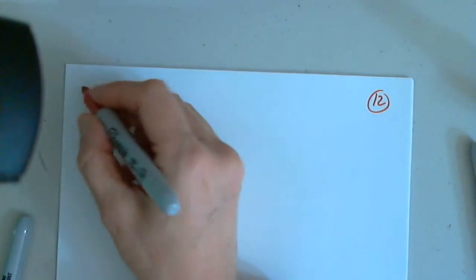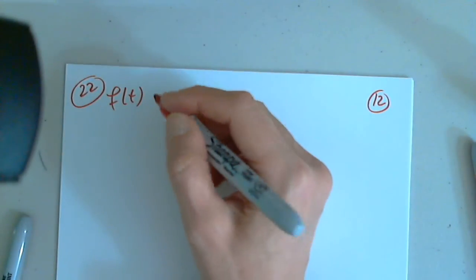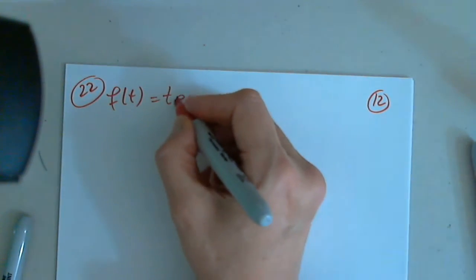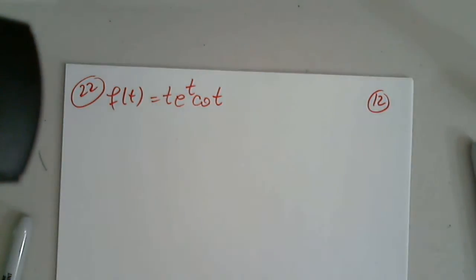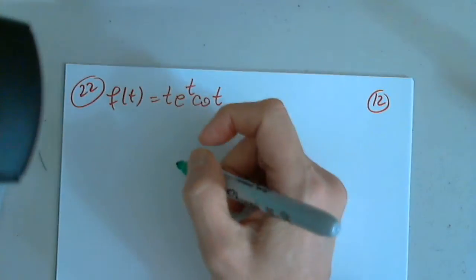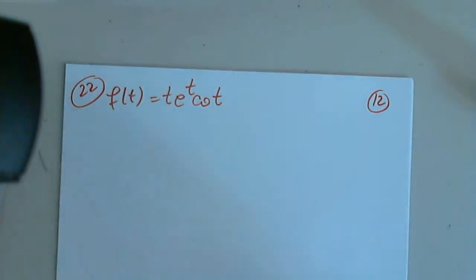F of t, that's 22, equals t, e to t, cotangent t. Perfect example. And I'll show you why it's a perfect example. Well, I'm running into some difficulty here. Here's why. It was cotangent. I didn't copy everything. It was cotangent t, right?